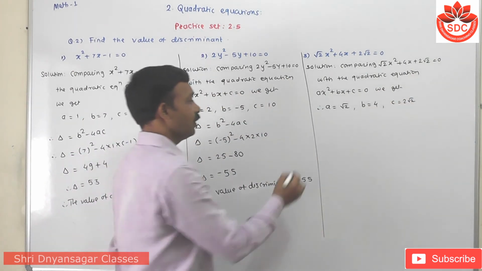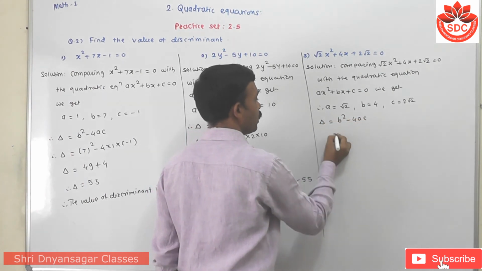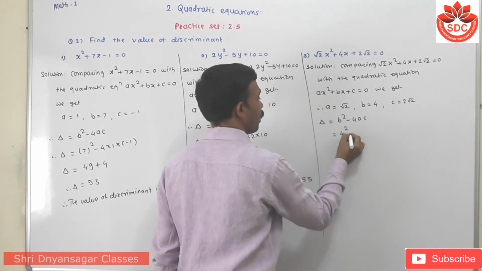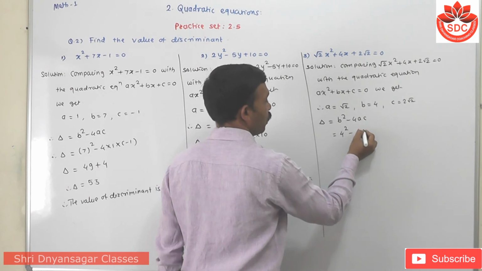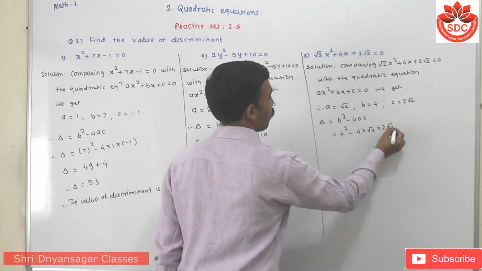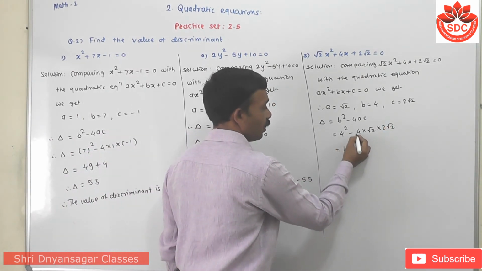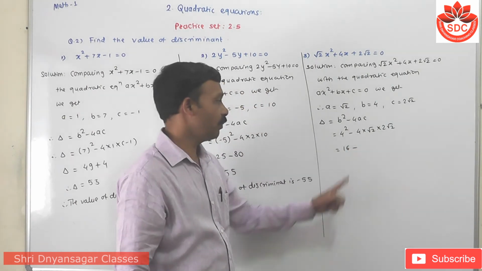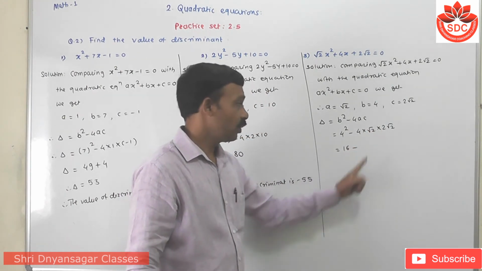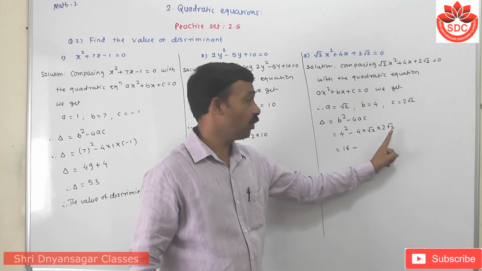Then we have to find the value of discriminant. Delta is equal to b square minus 4ac, which is 4 square minus 4 into root 2 into 2 root 2. 4 square is 16. Minus, look carefully, 4 times 8. Root 2 into root 2 is root 4, which becomes 2.